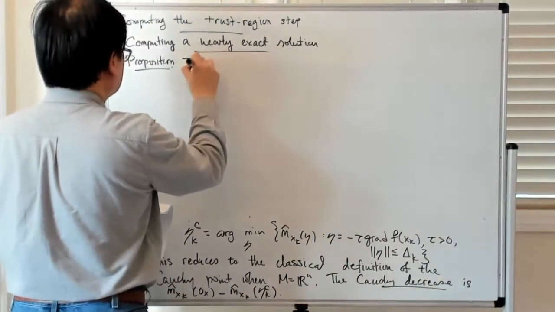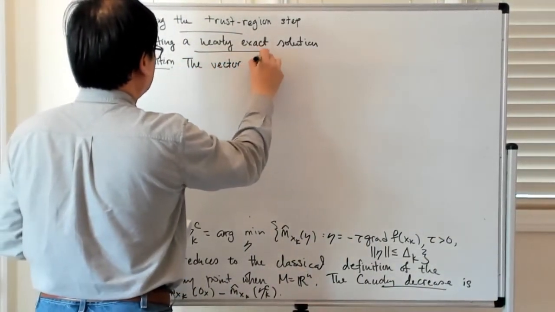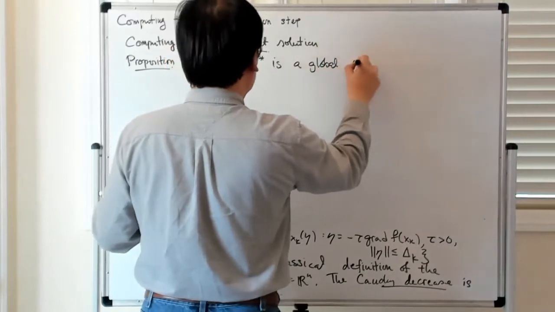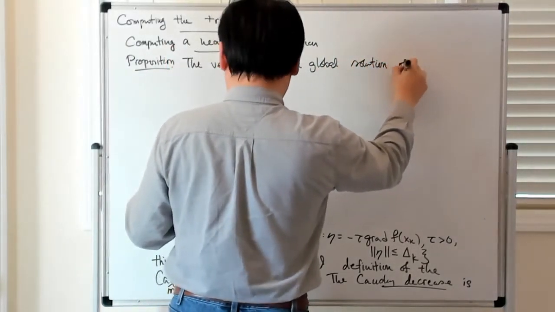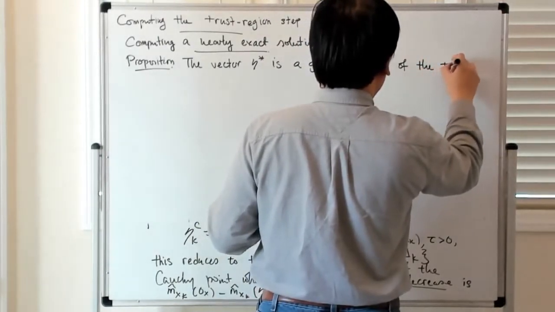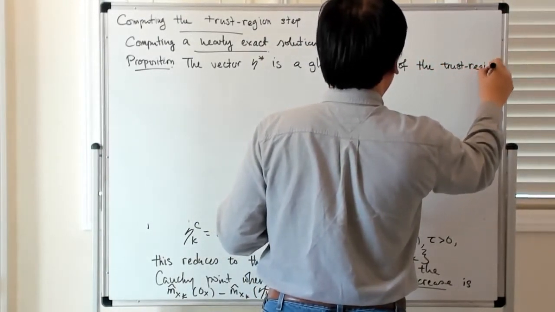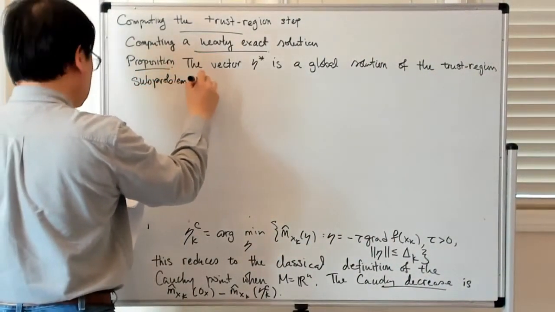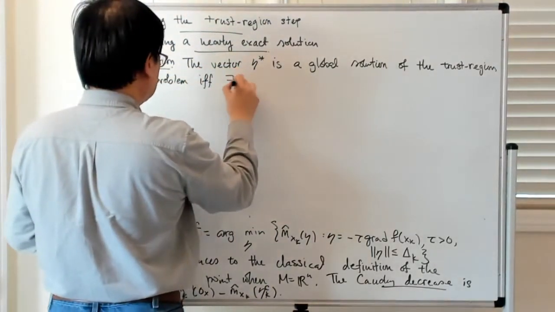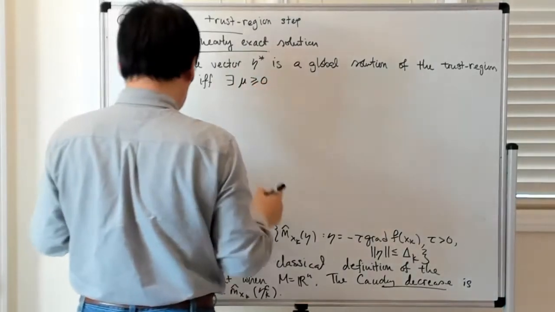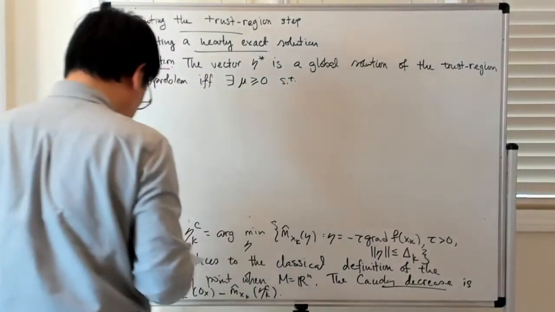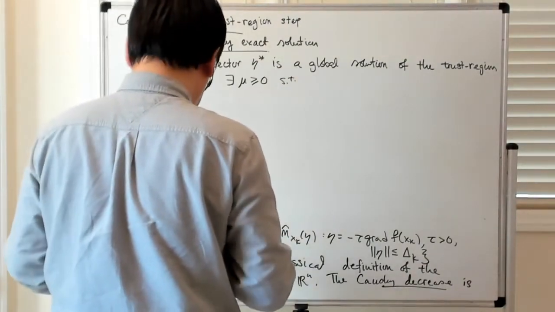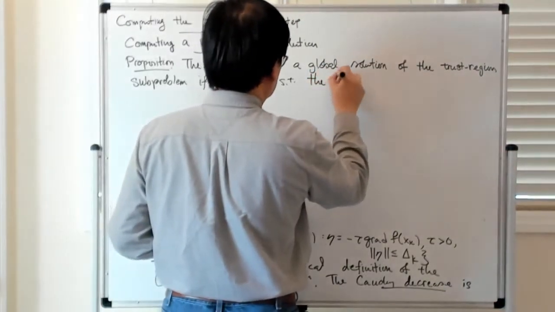The vector eta star is a global solution of the trust region subproblem if and only if there exists a scalar mu greater than or equal to 0 such that the following conditions hold.